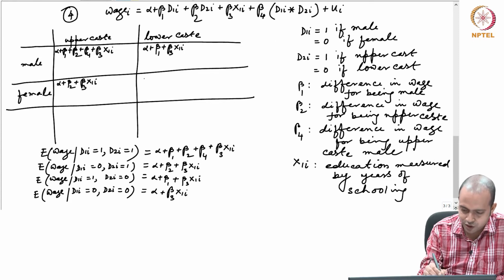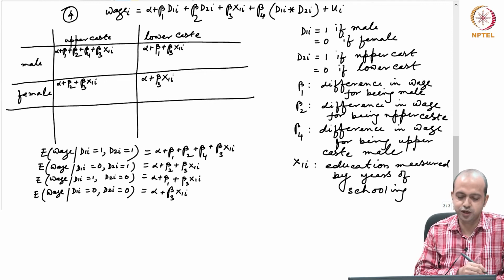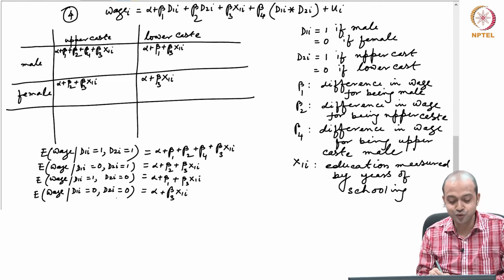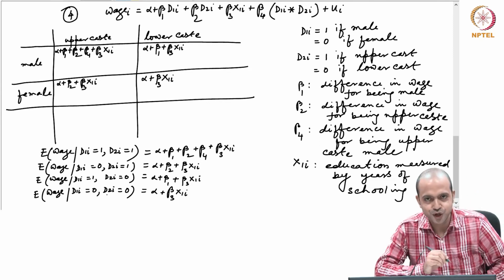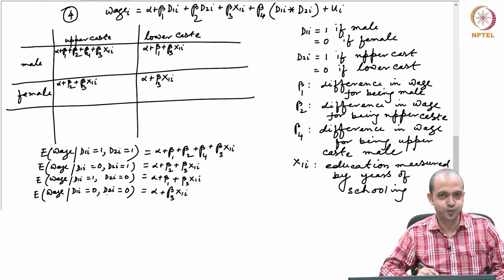So this would become alpha plus beta 3 x1i. Now, when I put D1i equals 0 and D2i equals 0, please keep one thing clearly in mind: when you have two dummies, two qualitative variables, what is your base category or benchmark category?